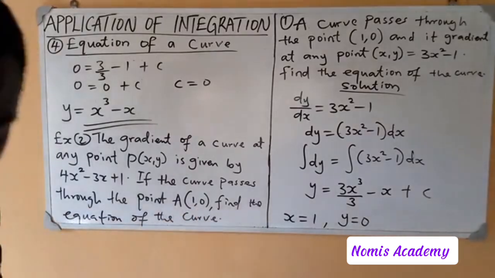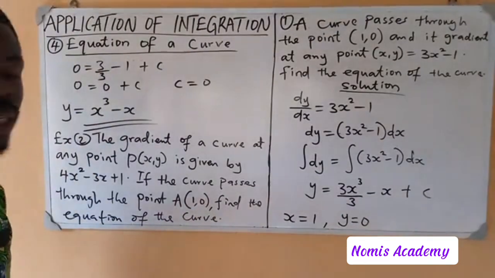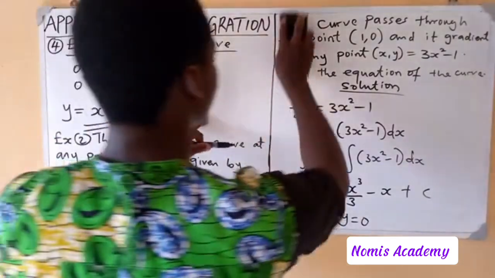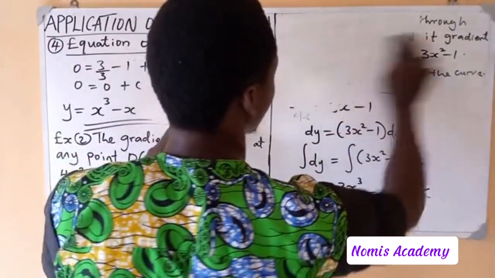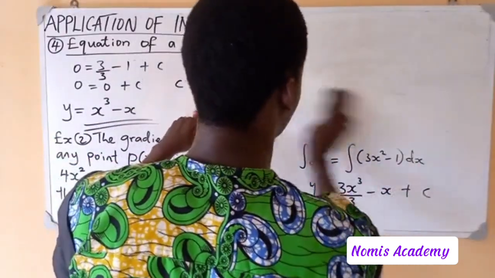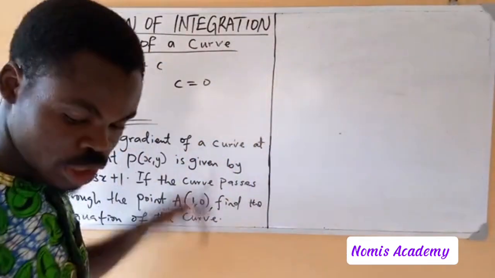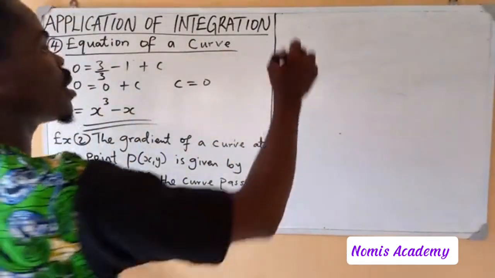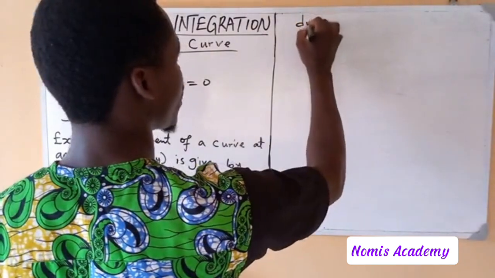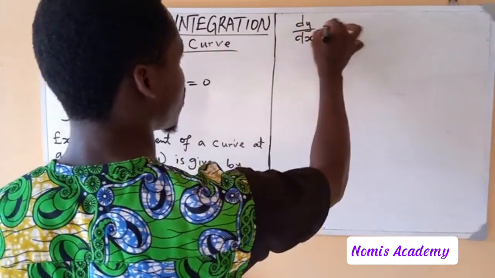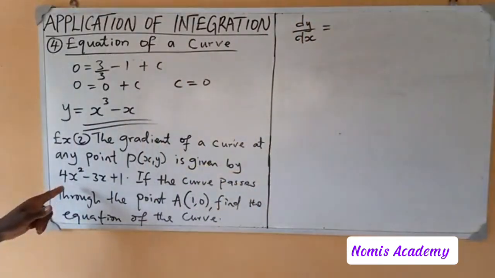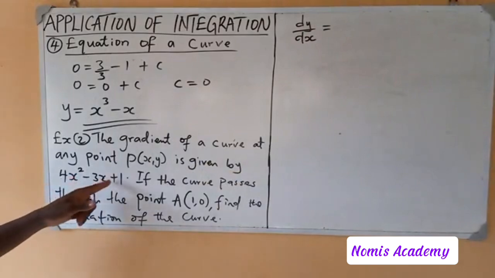Just the same thing we did earlier, we can do the same thing to find the equation of the curve. We must learn how to identify the gradient, and mind you, the gradient is given as dy/dx, and that is 4x squared minus 3x plus 1.